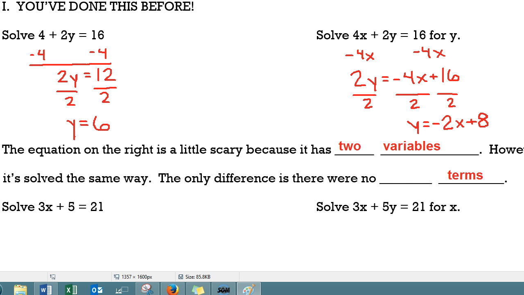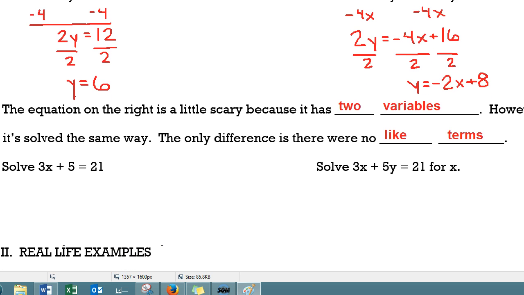The only difference was there were no like terms. That's really it. That's all it is. So it seems intimidating, but it's the same exact process. So try to get used to that as we go, because it's really not anything to freak out about, even though it seems like my students always do.